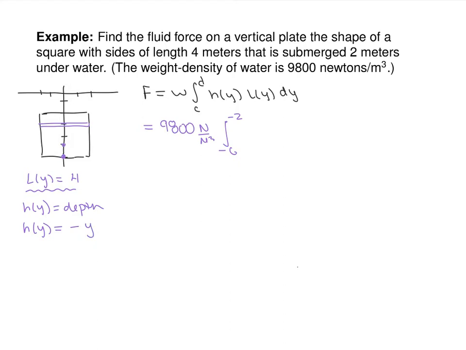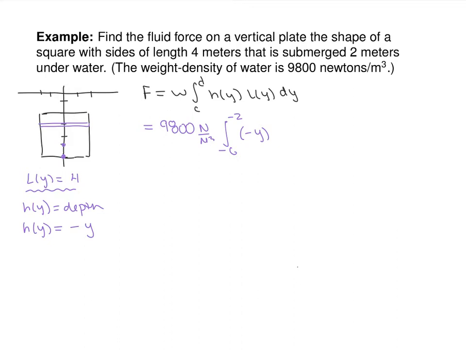Then when you plug in y equals -6, you get the depth is 6. When you plug in y equals -2, you get the depth is 2. So that's your depth equation. And the fact that it's 2 meters down is accounted for in the fact that the bounds of the integral are -6 and -2. Had that plate not been all the way submerged, those bounds would have been -4 and 0. So plug in -y.